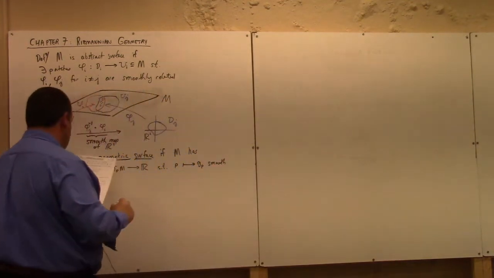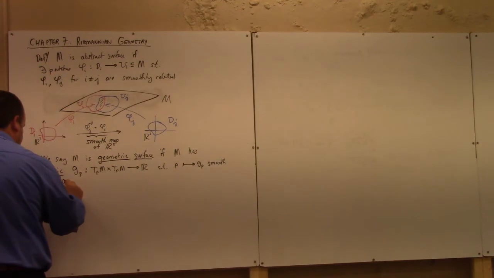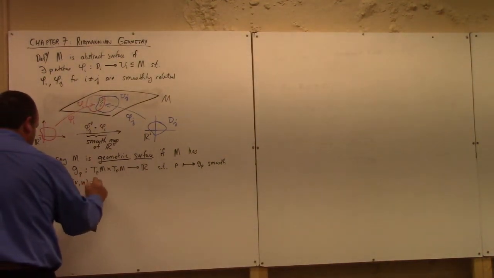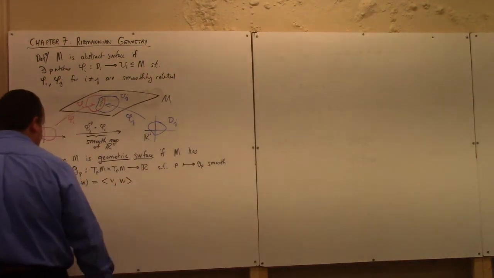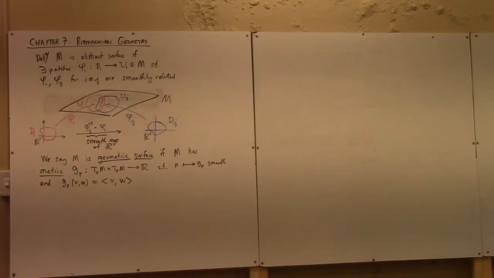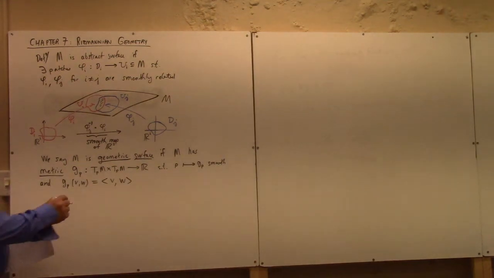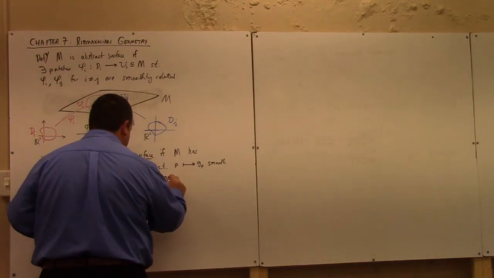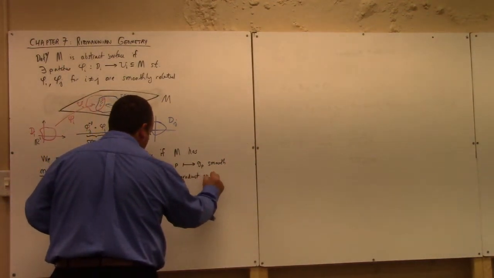And we'll use the notation g_p(v, w) equals the angle bracket ⟨v, w⟩, so the usual inner product notation, is an inner product on T_pM.